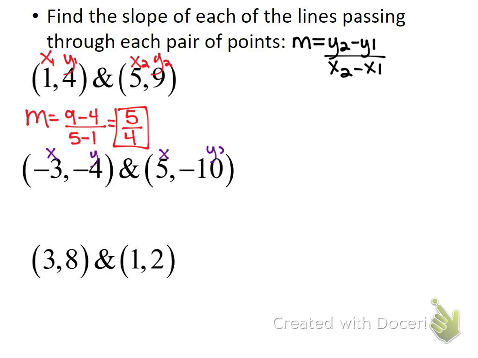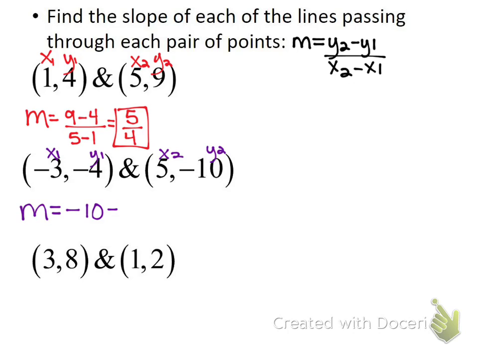Riley, what am I going to plug into my formula for this next ordered pair? Negative 10. What's my operation sign? After I put negative 10, what's the operation sign of my formula I need to write in? Minus, and then y1?